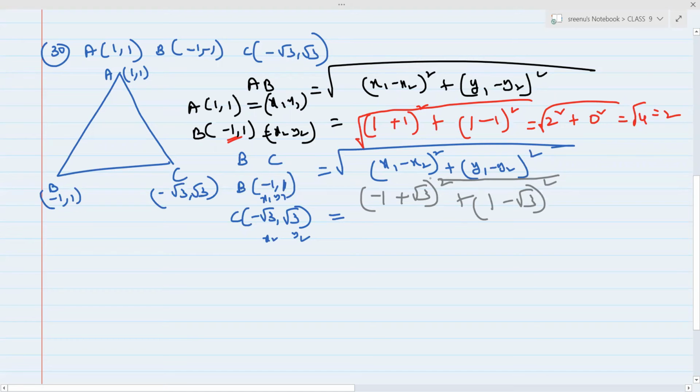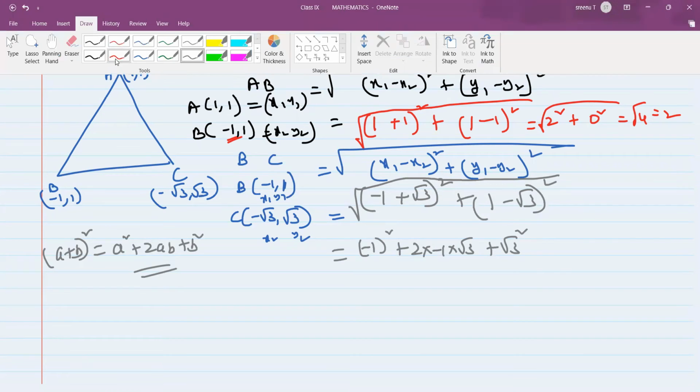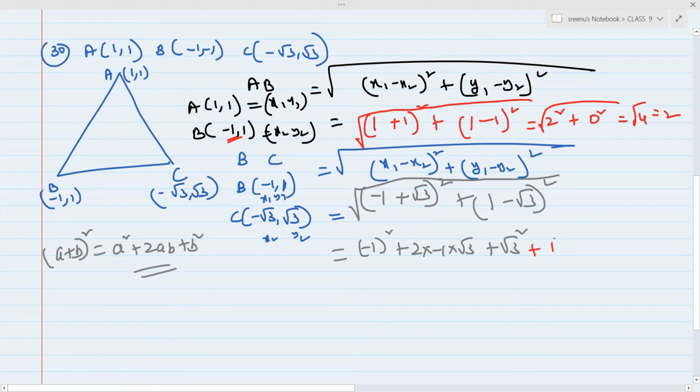Here we shall use the (a plus b) whole square and (a minus b) whole square formulas, and we should not do it directly: a square plus 2ab plus b square. First bracket: (-1) square plus 2 into -1 into √3 plus (√3) square. Second bracket: 1 square minus 2 into 1 into √3 plus (√3) square. It's all under root.